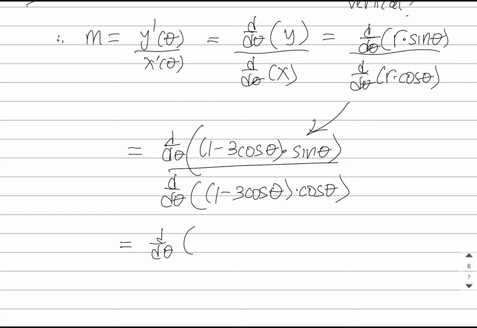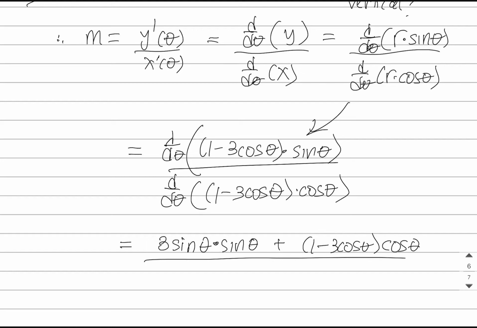You can FOIL everything out and take the derivative, or you can use the product rule, whatever is most convenient for you. So if I just go ahead and I differentiate the top by using the product rule, I'll get 3 sine theta times sine theta plus 1 minus 3 cos theta times cos theta.